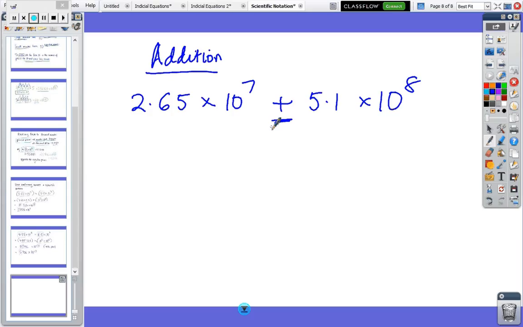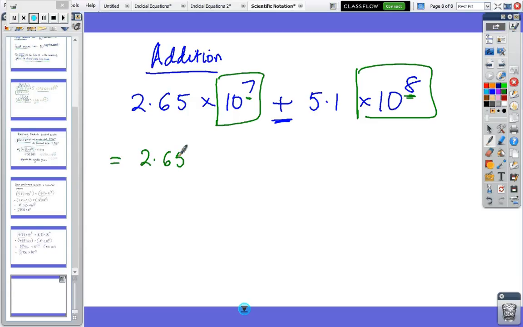Just like terms, you can't add them when they're not the same powers of 10. So what we have to do is get them to the same power. You can either make the 7 into an 8 or make the 8 into a 7, and I think I'm going to make the 8 into a 7.